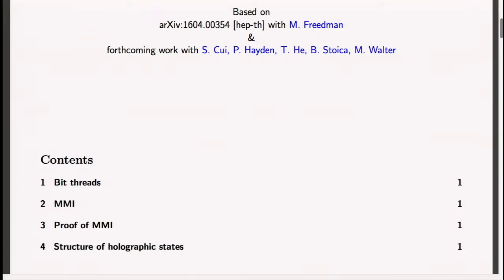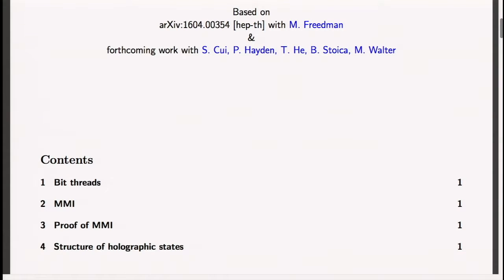Now, we already knew that MMI was true for holographic states, but the whole idea with bit threads is that they hopefully give us a more direct understanding of the information theoretic meaning of these quantities and these properties. And so I'm going to claim in the fourth part that you get that dividend from bit threads in this case.